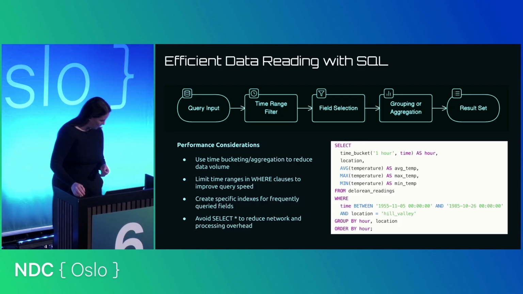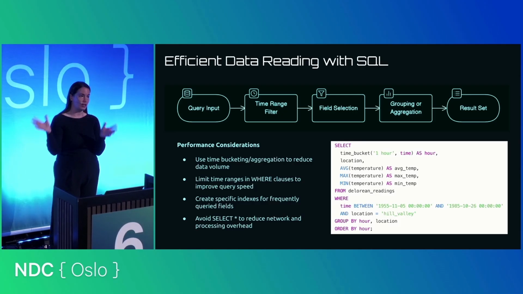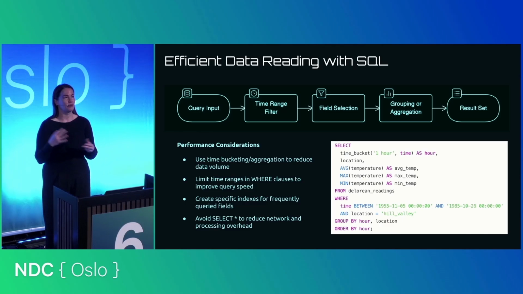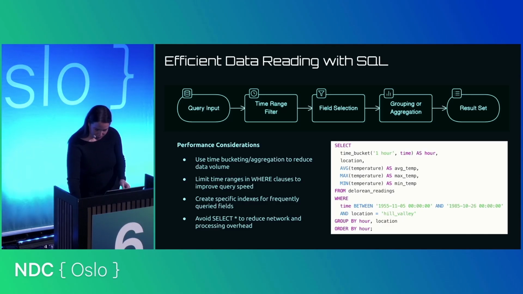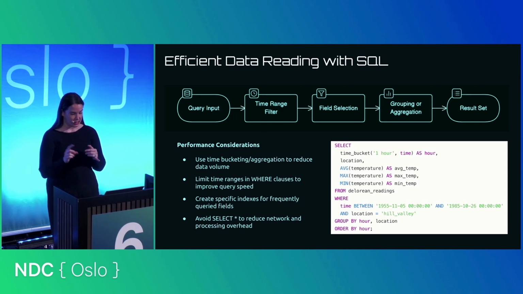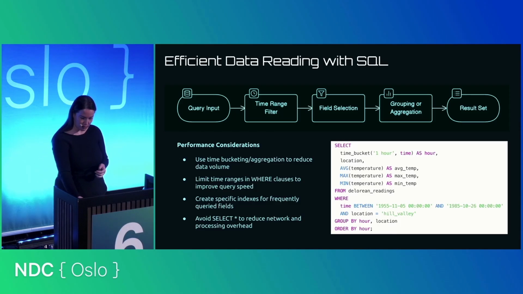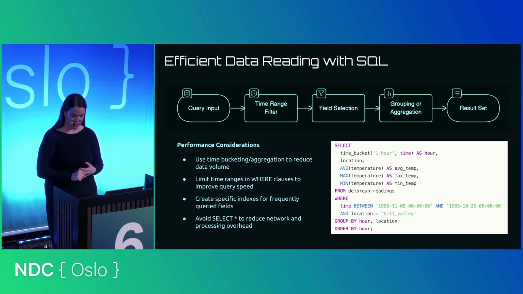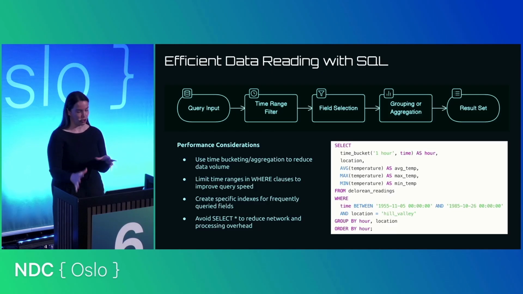So here's a good example of a query that you might want to put together that would be a little bit more performant than what you would expect otherwise. It shows the principles in action. We're using time bucket to aggregate by hour, selecting specific fields, filtering by location and specific time range, then grouping and ordering our results.